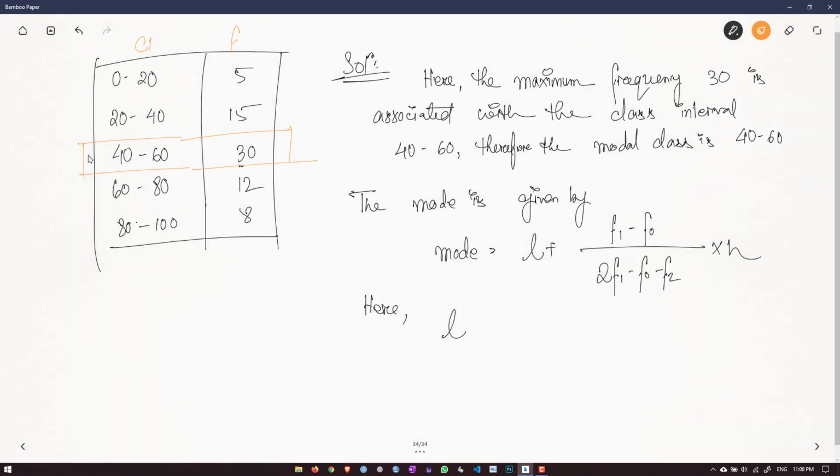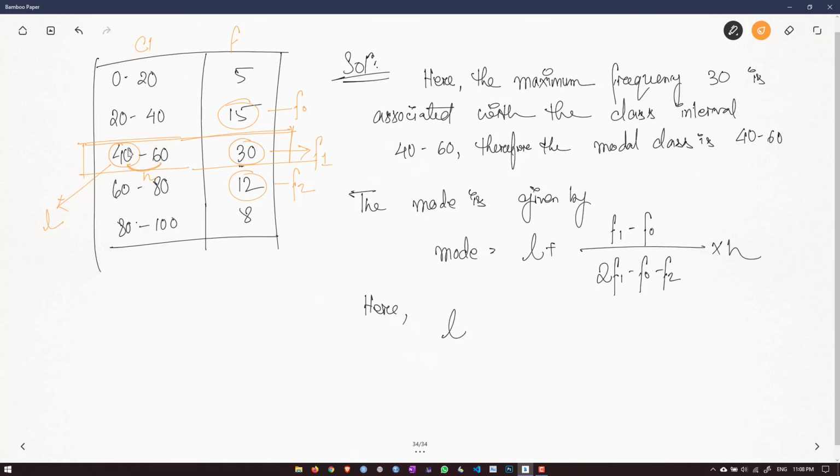So in this example, this is your modal class, right? So the lowest value will be your L. These are all frequencies. Frequency of the modal class is f1, remember 1. And before this is f0, and the next one is f2, and the difference between them is 20, which is h.